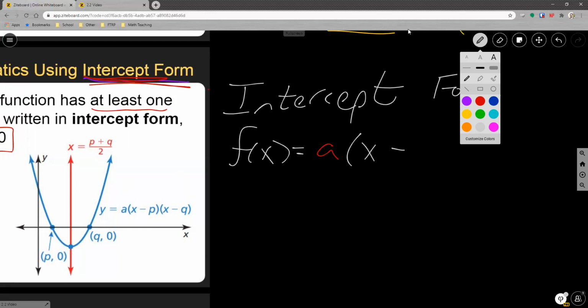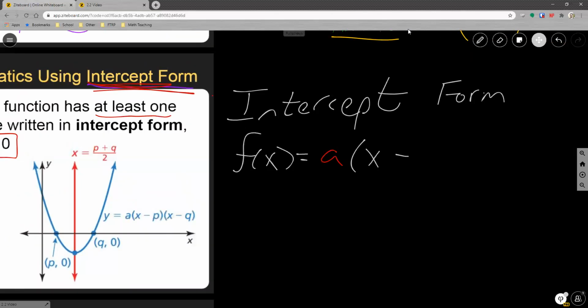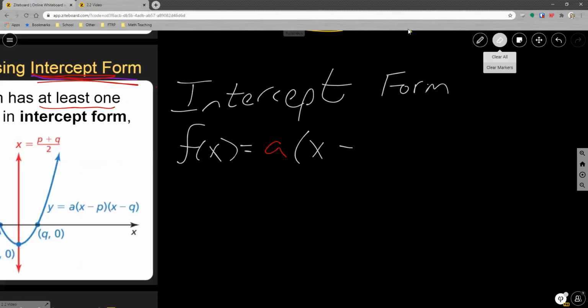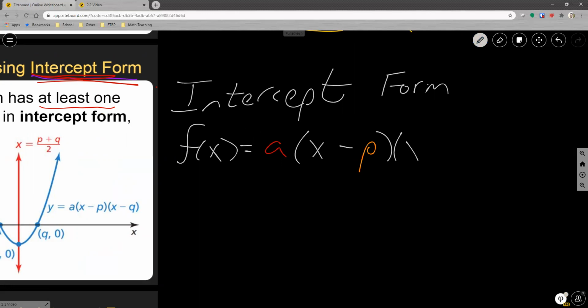It's going to be the opposite from what it is in the equation. So I have x minus p, which I'm going to use orange for, times x minus q, and I'm going to use pink for that.